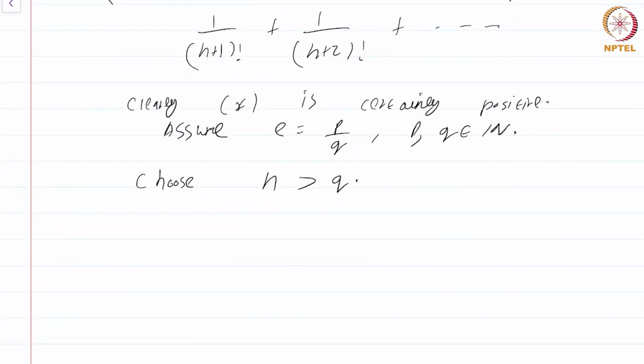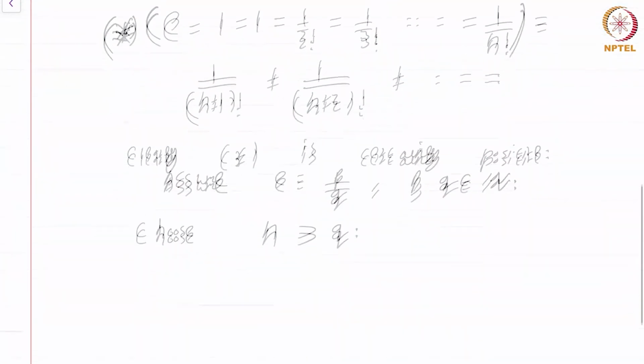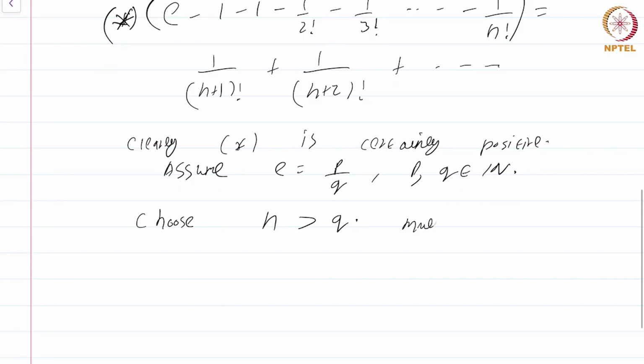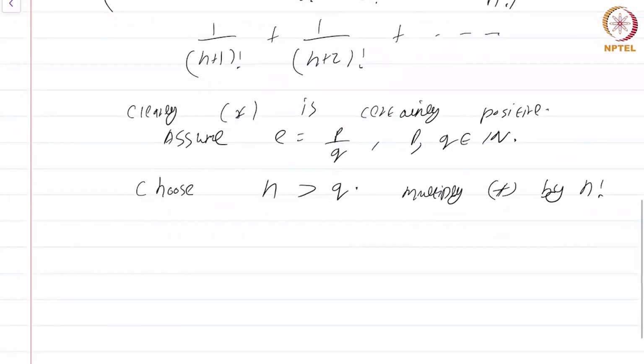Okay, now what I do is I multiply star by n factorial. Okay, so I get n factorial into e, which is just p by q in our new notation, p by q minus 1 minus 1 minus 1 by 2 factorial dot dot dot minus 1 by n factorial.